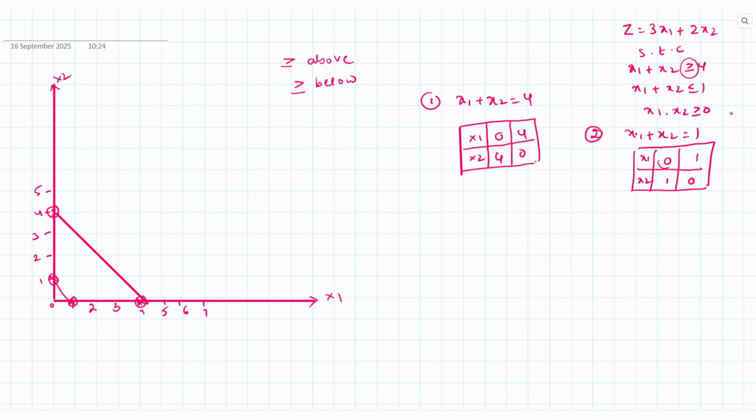The first equation is greater than or equal to, so the feasible region is above the line. Whenever we have less than or equal to, the feasible region is located at the bottom of the line, so this side.